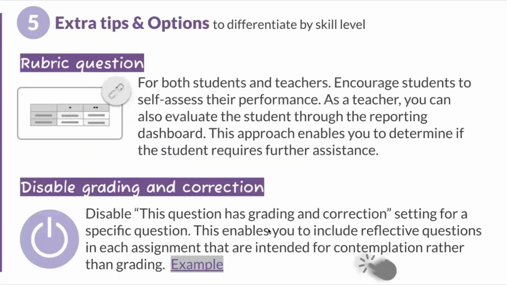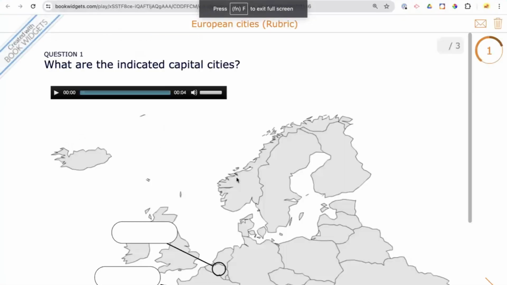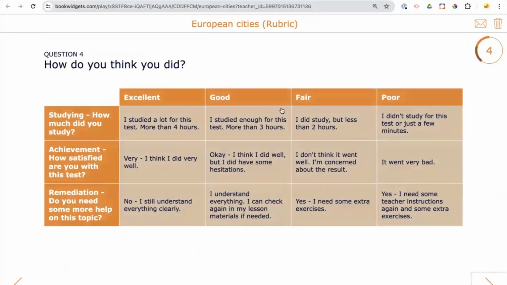Some additional extra tips and options. The rubric question is a great one to add into the quiz worksheet, split worksheet, or video quiz because you are able to encourage your students to self-assess their performance. And you, the teacher, are also able to evaluate them through the reporting dashboard. So this is a great way, again, that students are thinking about how well they know the material when they answer a rubric question.